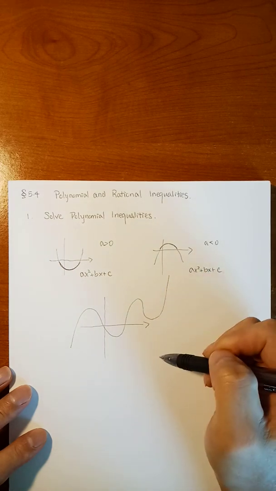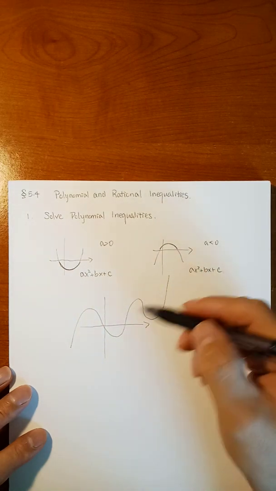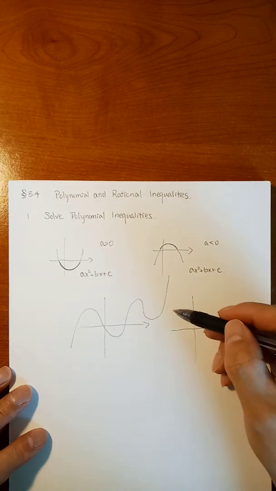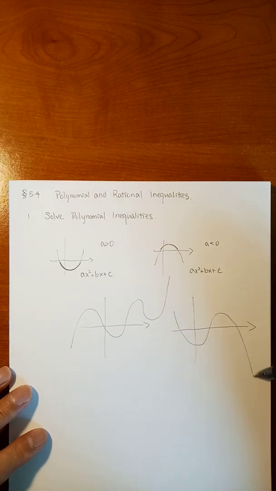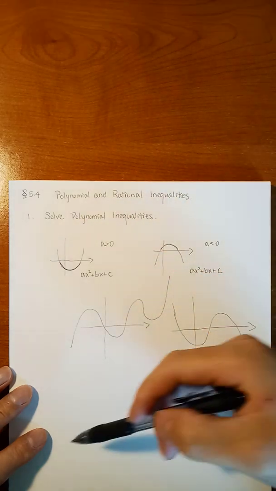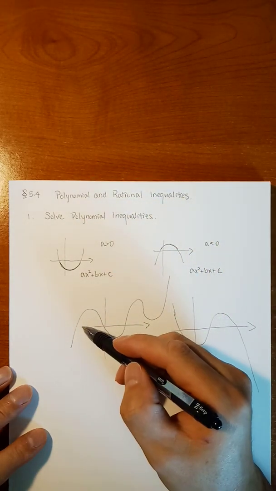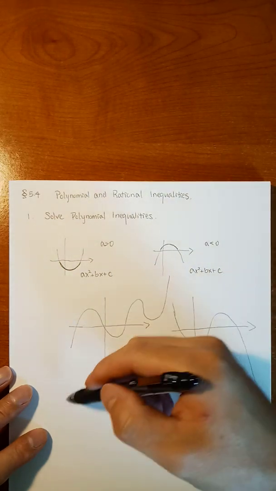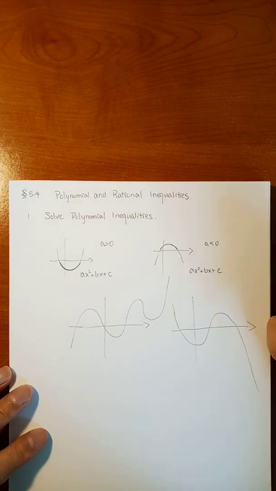It will be either this way or the other way, something like this. So it's always a smooth curve that goes up and down. Sometimes it crosses the x-axis, sometimes it does not cross the x-axis, more or less like this.